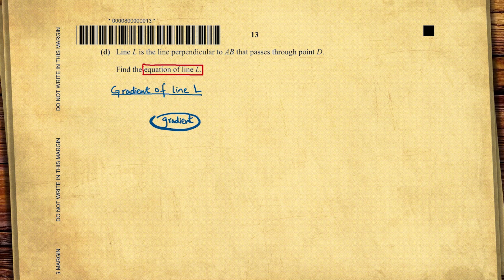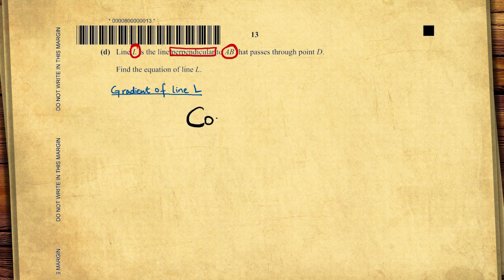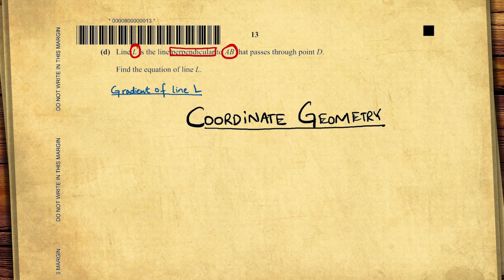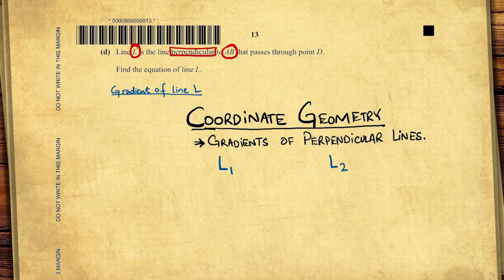Now the question tells us that line L is perpendicular to AB. And from coordinate geometry, you should know the concept about gradients of perpendicular lines. Now let's say L1 and L2 are two straight lines and they are perpendicular to each other. And let's say the gradient of the line L1 is -4. And we need to know the gradient of the line L2.